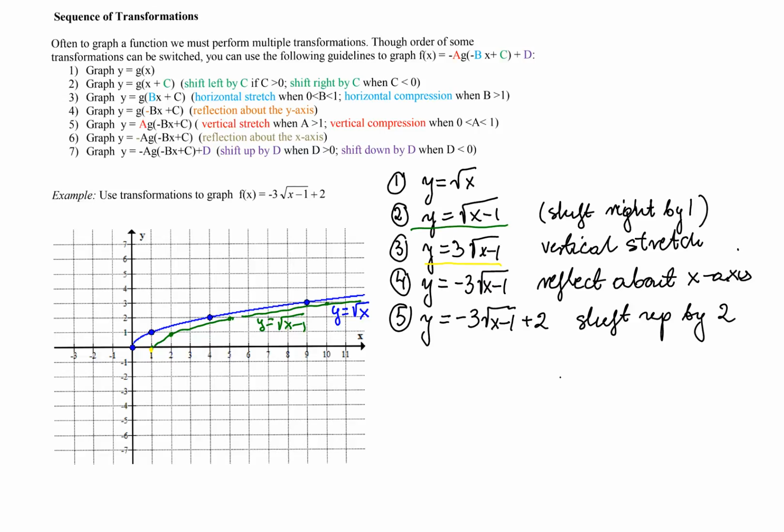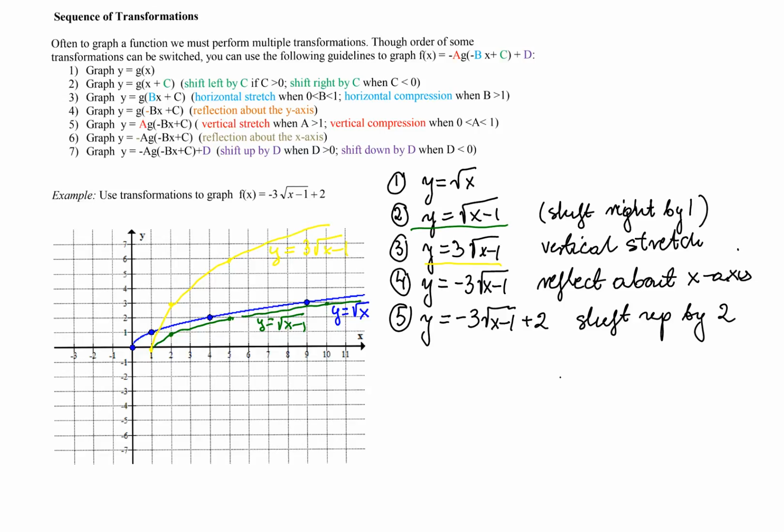Point 2, 1 becomes point 2, 3. Point 5, 2 becomes the point 5, 6. And the point 10, 3 becomes 10, 9, which will not fit on the graph. So here is the graph of the function y equals 3 square root of x minus 1.